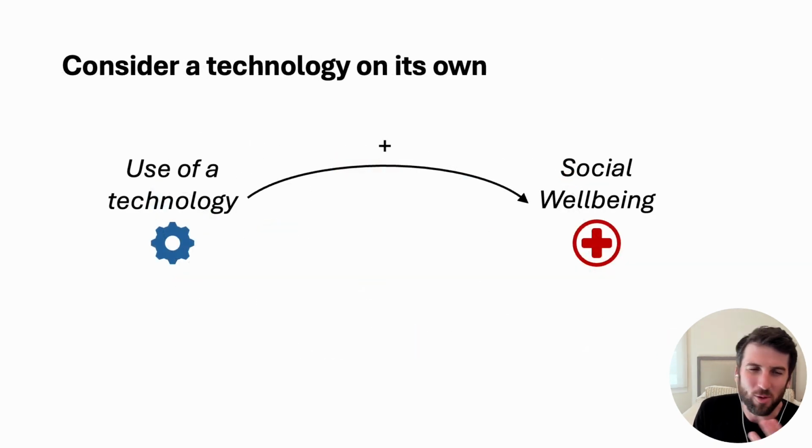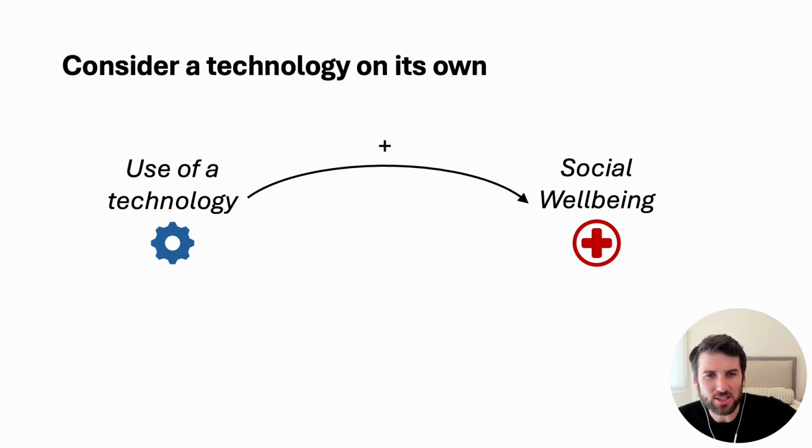So I want to bring this back to systems change and how this can be applied. So let's consider the use of this technology here. It's a blue gear and social well-being. So this is using something called a causal loop diagram where an arrow is representing different types of relations. The plus means it's a direct relation.